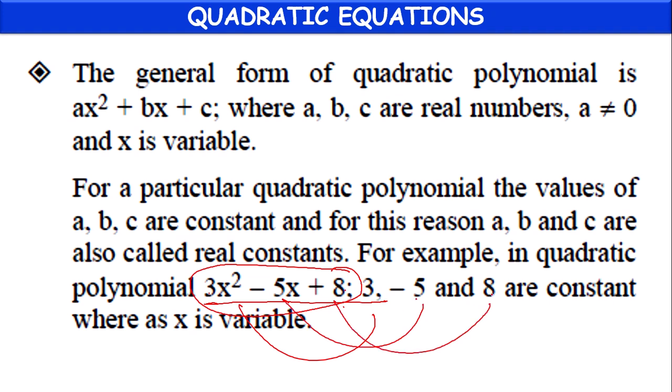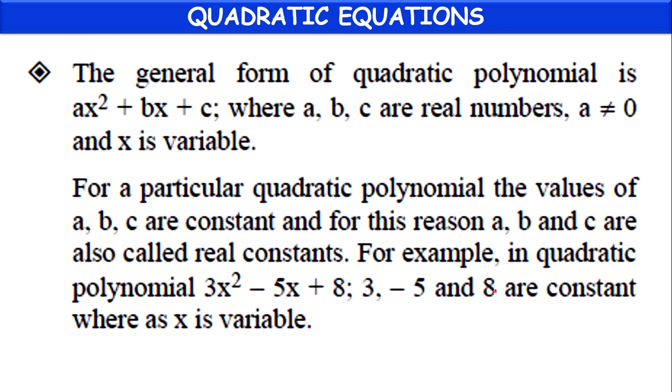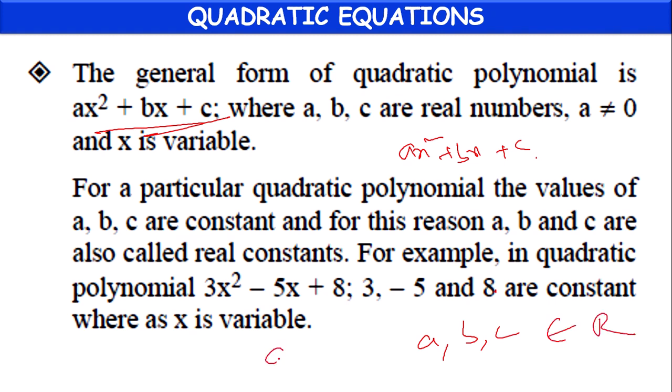These 3, minus 5, 8 are constants, or real constants, and x is the variable. You might be getting questions like this, children. Write the general form of a quadratic polynomial, means you have to write ax square plus bx plus c. And the condition: a, b, c belong to real numbers and a should not be equal to 0. This is the condition.